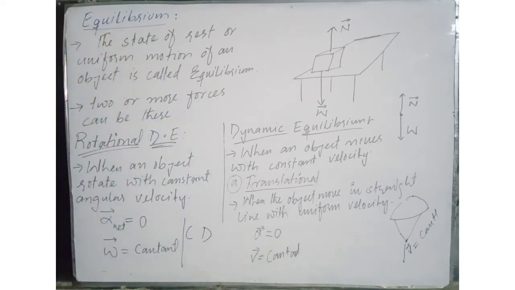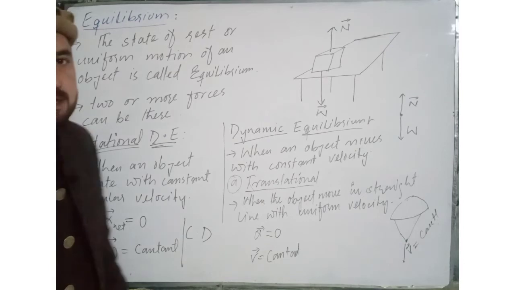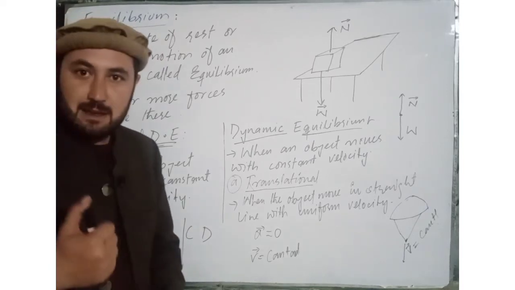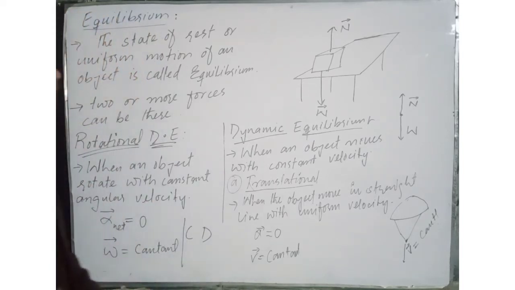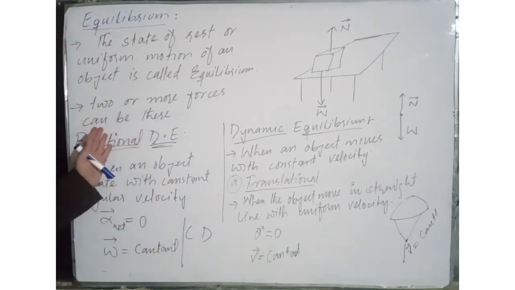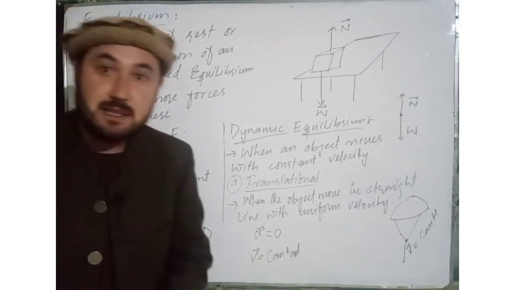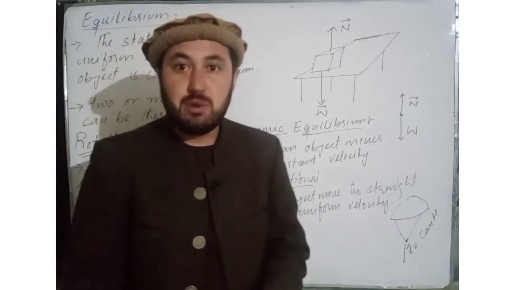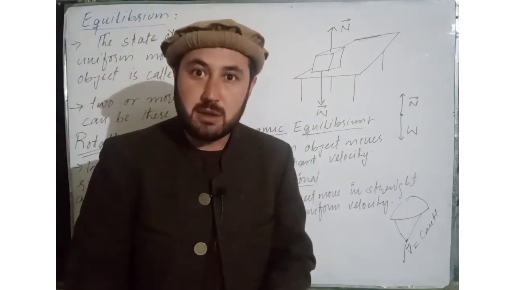So far we discussed that equilibrium is such a state of a body in which the object will be at rest or moving with constant velocity, right? When the object is at rest, such an equilibrium is what we call static equilibrium, and when the object is moving, we consider it dynamic equilibrium.